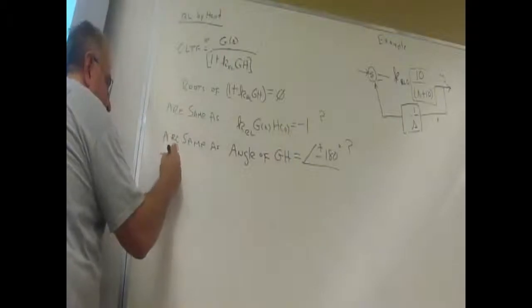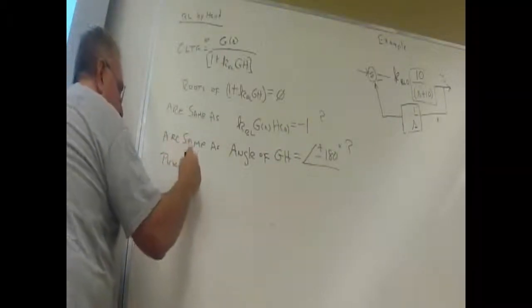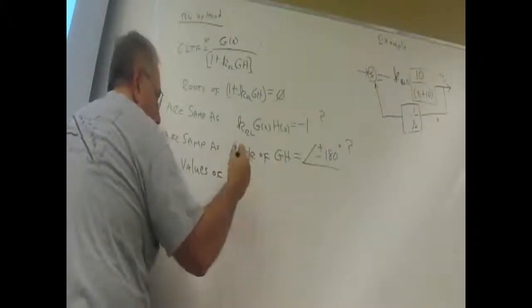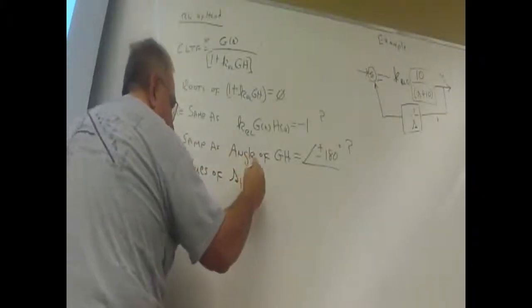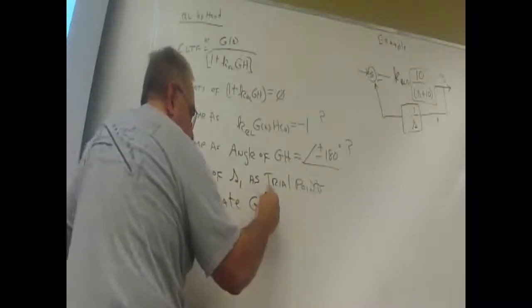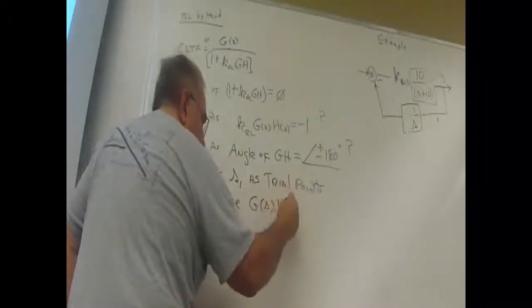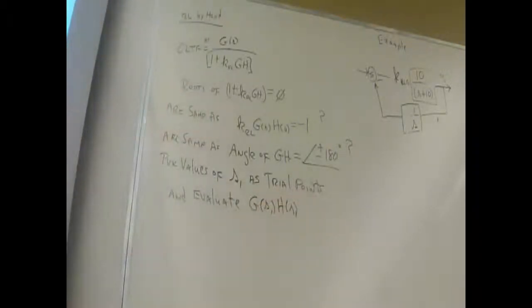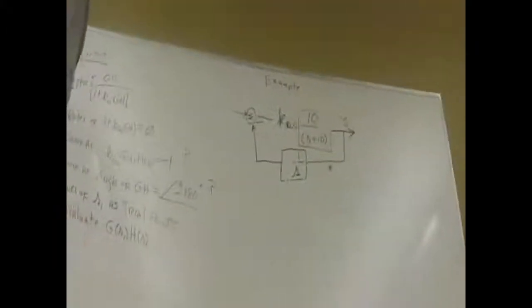I want to pick values of S. We call those trial points. As trial points, evaluate G of S1 and H of S1. And that's kind of the secret of what we're going to do. So I'm going to show you now how to do that with this example.